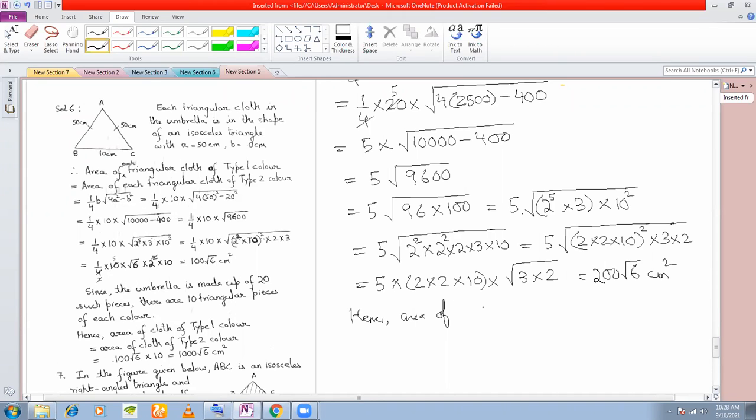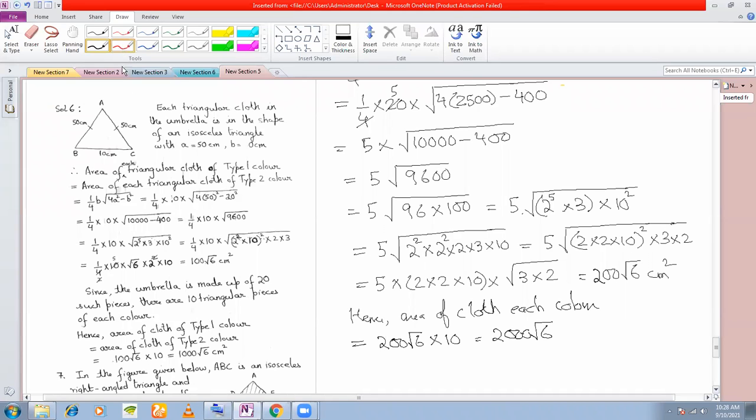Anyway, hence the area of cloth of each color is equal to, because there are 10 pieces of cloth of each color, 200 root 6 into 10, which is 2000 root 6. If they ask you correct to 2 decimal places, which normally they don't, you can find out the square root of 6 by division method and put the value there.